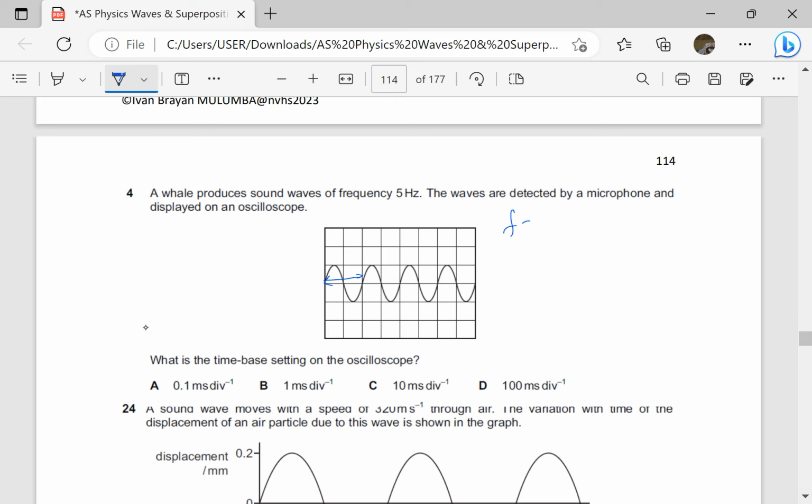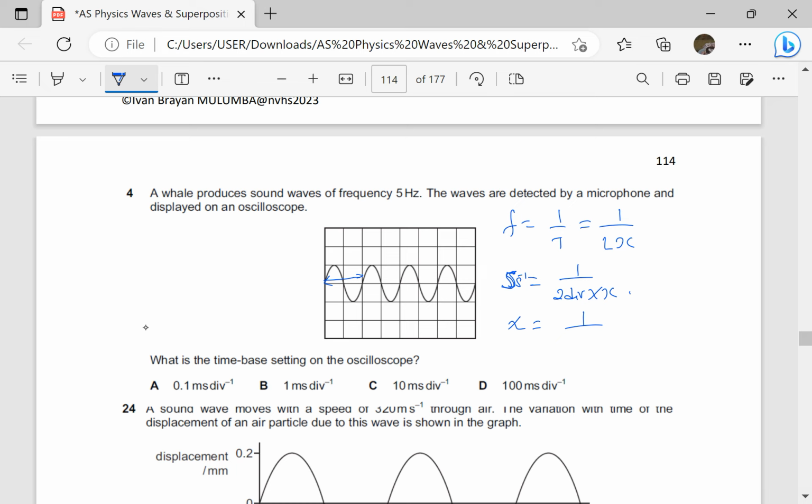So frequency, we know that frequency is equal to 1 over period, which is 1 over the length representing one cycle times the time-base setting. So the frequency, which is 5, is going to be 1 over the length representing one cycle, which is 2 divisions, times x, which is the time-base setting. So x is going to be 1 over, remember this is per second, hertz is per second.